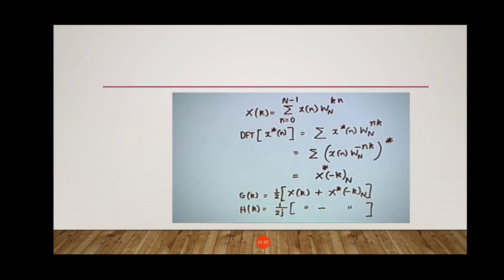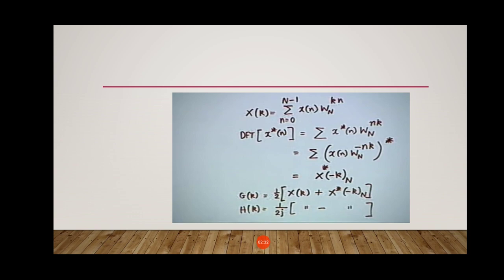So now if we take the DFT of x star(n), that is the complex conjugate of x(n), then, the limits of summation are not shown again because these are repetitions, x star(n) W_N to the power nk. So we can write this as summation x(n) W_N to the power minus nk, whole conjugate, whole to the power star.